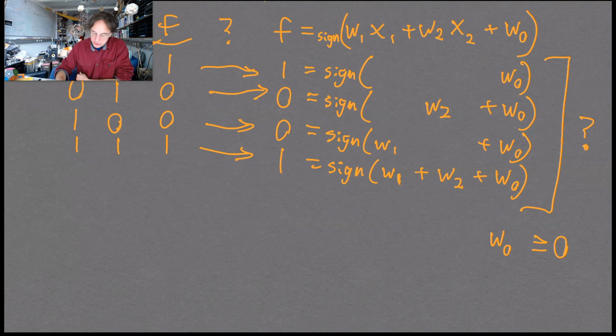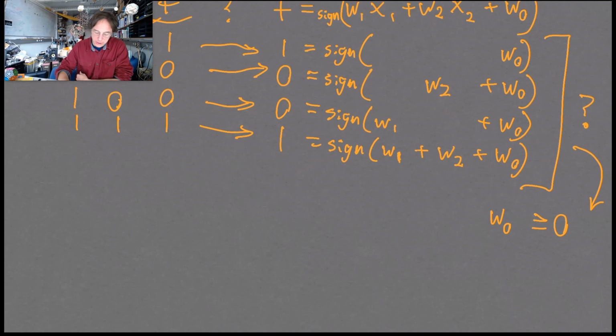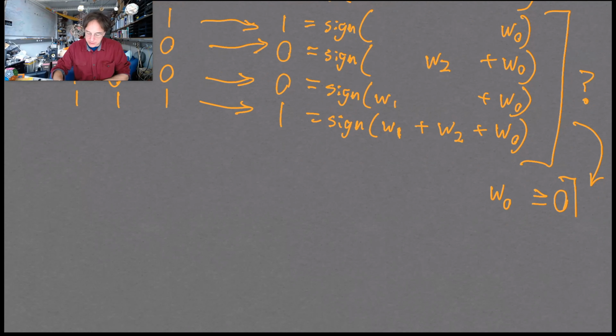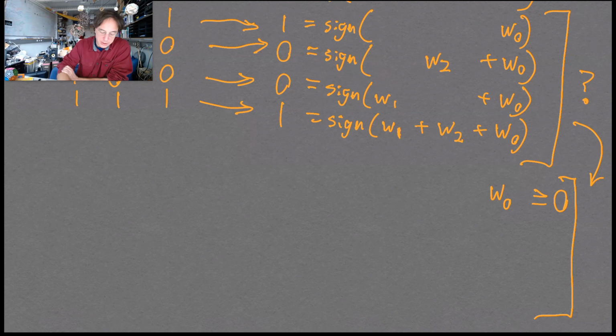So we're just going to take these four equations up above, and we're going to make four new equations, except they'll be inequalities, because really having the sign means that these equations are essentially inequalities. So for example, here where the sign is 0, that means this quantity has to be negative, right? So W2 plus W0 has to be negative.